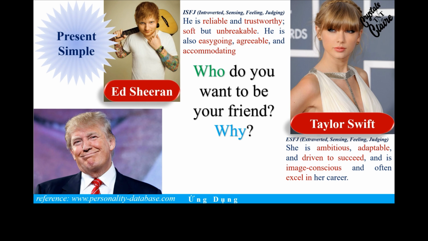Taylor Swift is an extrovert. It's like she really enjoys the crowd. She doesn't feel a lack of energy whenever she's among other people, among the noisy crowd. Okay, so she's the extrovert.